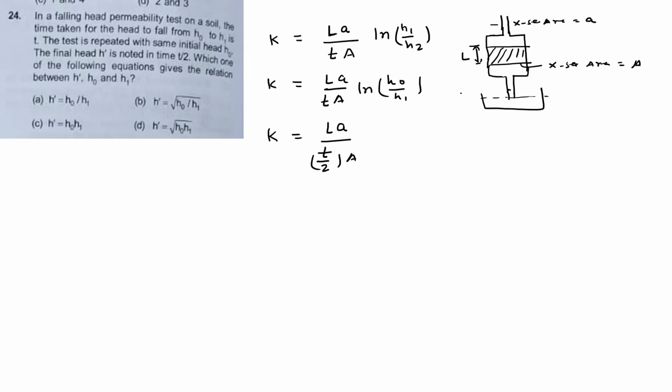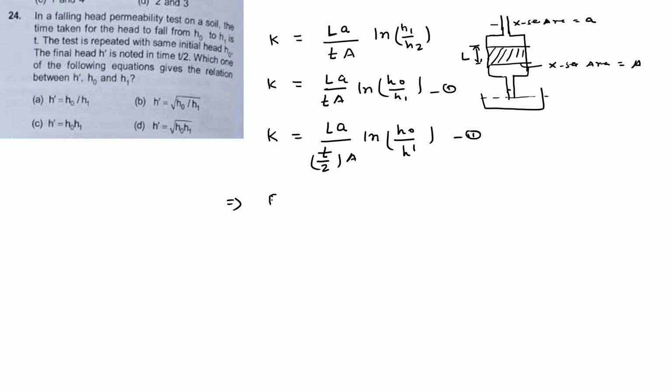And A, the cross-section area of the soil sample, remains the same, and ln H naught by H prime. This is H naught to H1, and this is H prime. This is equation 1. This is equation 2.